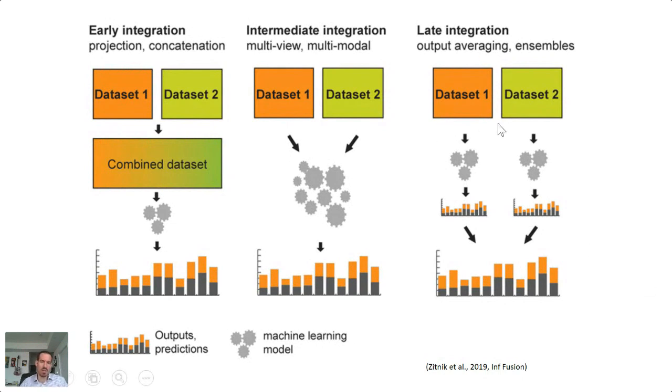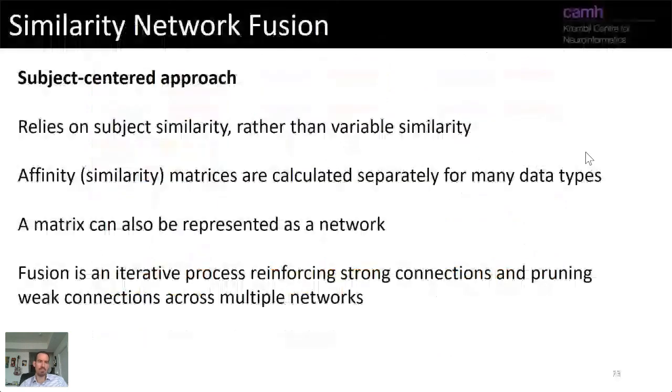Late integration is kind of more often what we see in meta-analysis, where you have each data set or data type analyzed on their own within their own frameworks, generate a set of predictions, and then integrate those predictions at the last step, at the late integration. And what we're going to do today is more of an early integration step.